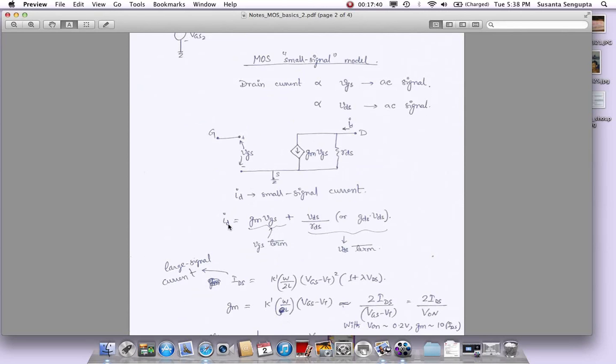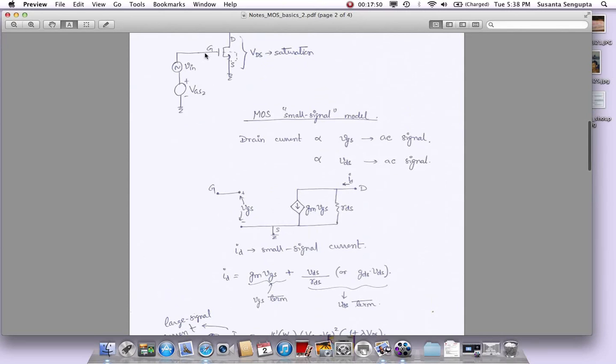The drain current, as we defined earlier: gm gives you the derivative of the drain current with VGS. If there was a small change in the gate, the drain current will change. If the gate increased slightly, we know the drain current will increase. This time gm times VGS gives you the increase in the drain current because of the VGS term.